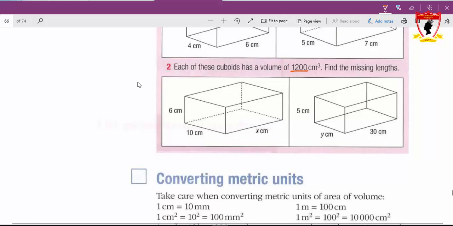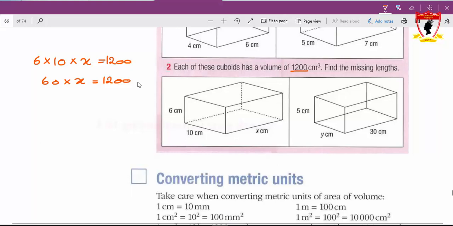To get the missing side, let's write how we can find the volume of this cuboid. We must say 10 times 6 times x, and this result must be 1200. Now 6 times 10 is 60. 60 times x is equal to 1200.